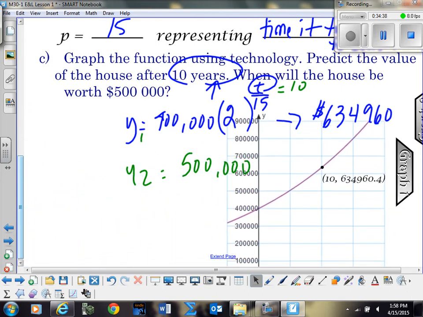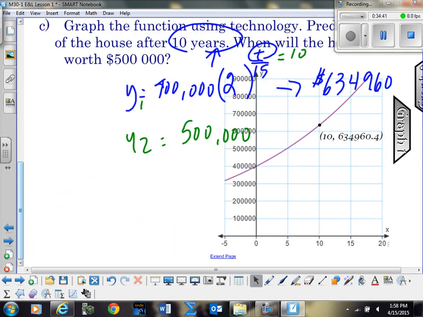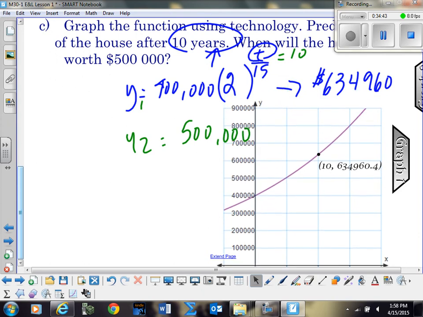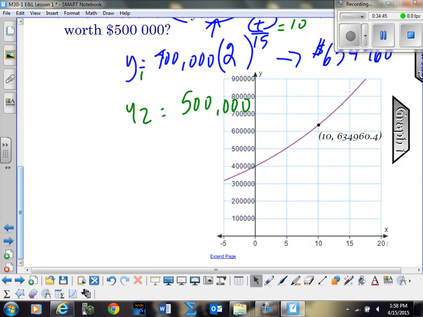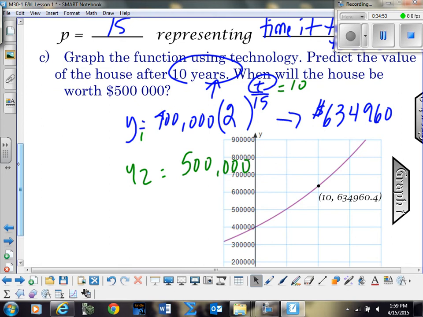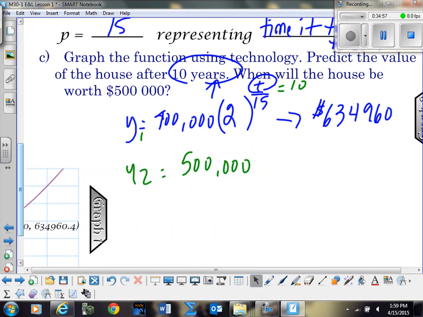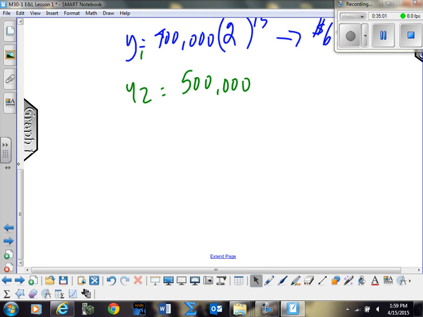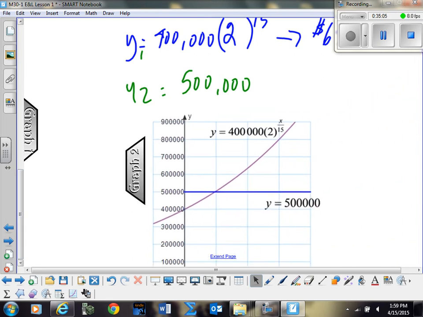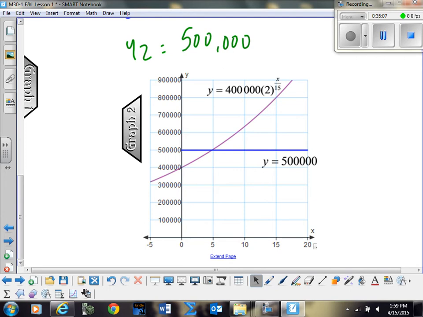If we just graph the first one, we can get the calculation that I just made by going to 10 on the X. So if we go second trace value, X is 10, we get this same answer that I just calculated a moment ago. So that's if we know an X value. If we don't know an X value, like this example, we would graph y1, y2, and y2 is 500,000.